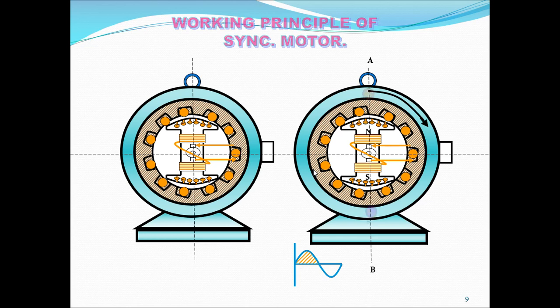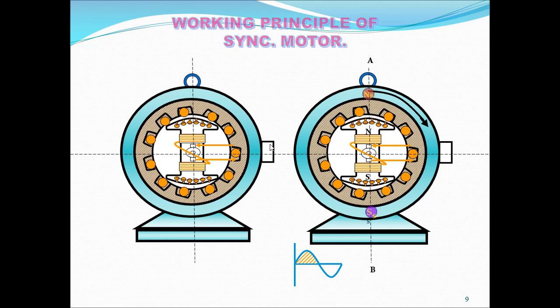So before that, what do we have to do? The rotor is rotated near the synchronous speed by an external motor or any other element, and at the same time the rotor winding is switched on. Then the stator and the rotor poles attract each other. When they attract each other, then what happened?